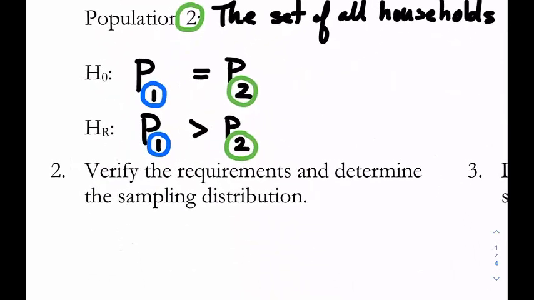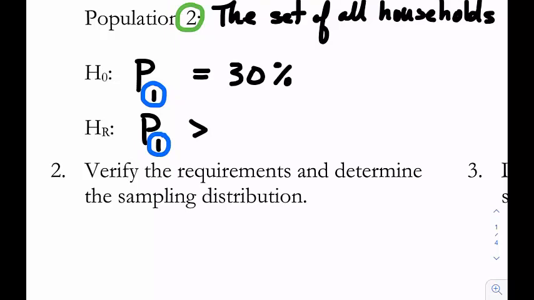This is going to help out really well when we get to multivariate, because there are going to be a lot of P sub 1, P2, P3, P4. This is going to get a little more abstract. But for this example, we know what that percentage is: 30%. If you want, you can use 0.3 instead of 30%.